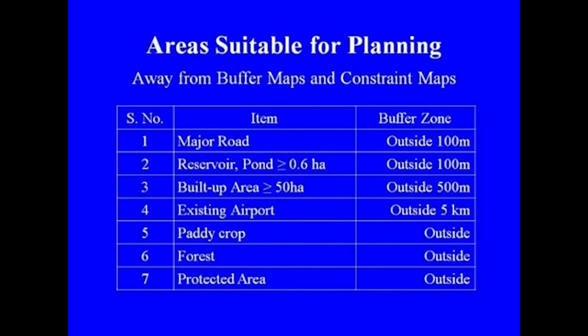So, for major roads they should be outside 100 meters, reservoirs and ponds greater than 0.6 hectares they should be outside 100 meters, built up areas greater than 50 hectares they should be outside 500 meters, existing airport outside 5 kilometers, and for paddy, forest and protected areas these would be outside this particular region.